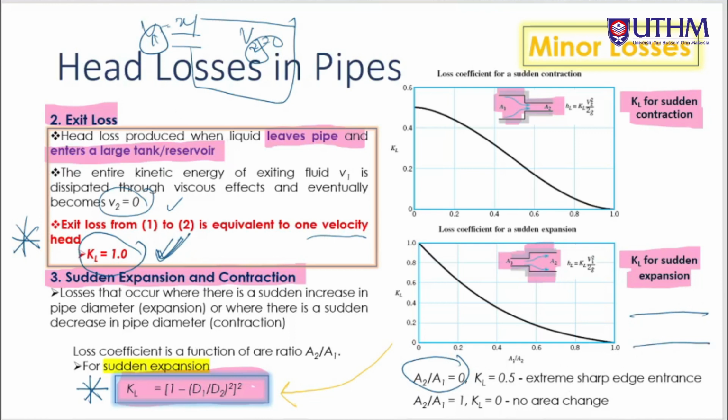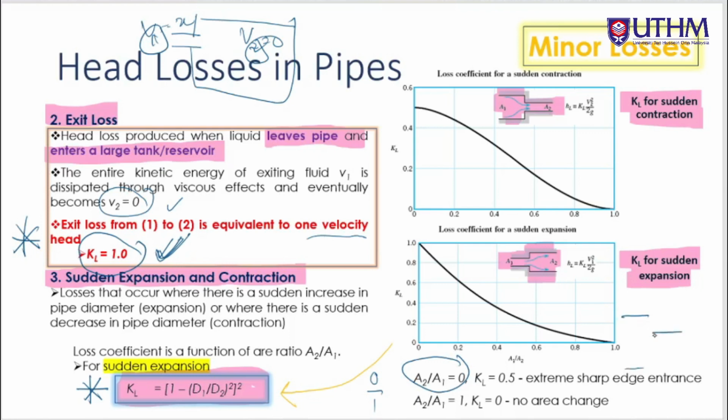No, I'm sorry, what actually causes A2 over A1 to equal 0? It must be something like 0 over 1. This means A1 is very large and A2 is very small.